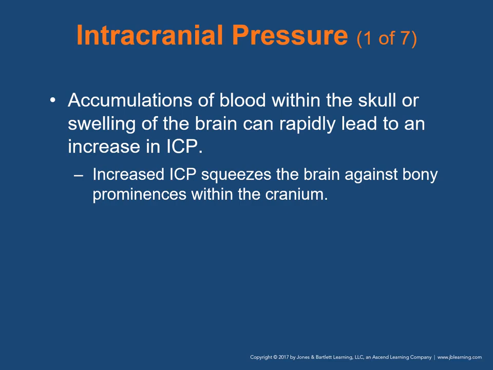Now we'll discuss intracranial pressure. Accumulations of blood within the skull or swelling of the brain can rapidly lead to an increase in intracranial pressure, also abbreviated as ICP. Increased ICP squeezes the brain against the bony prominences within the cranium.